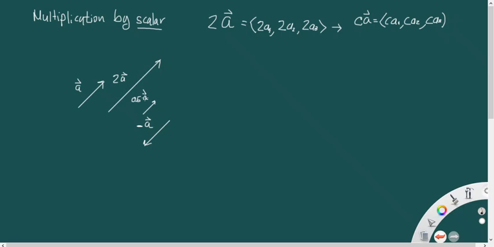And this is geometrically explaining the multiplication of a vector by a scalar.